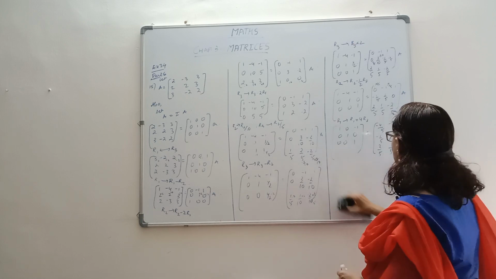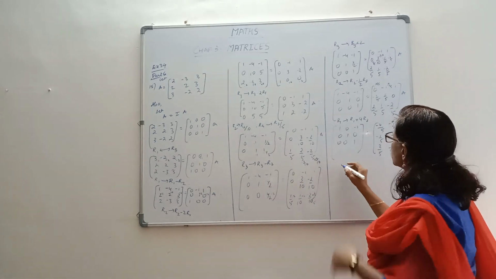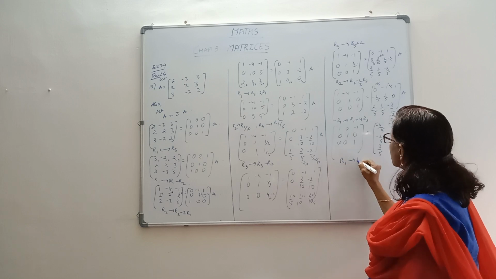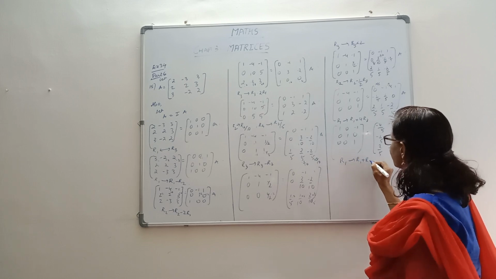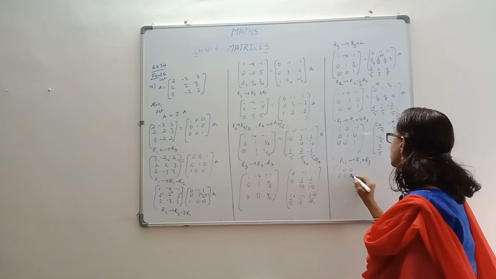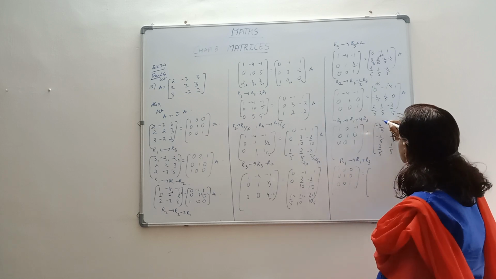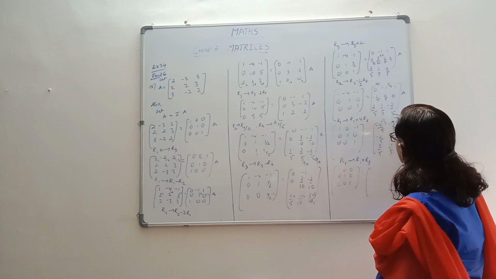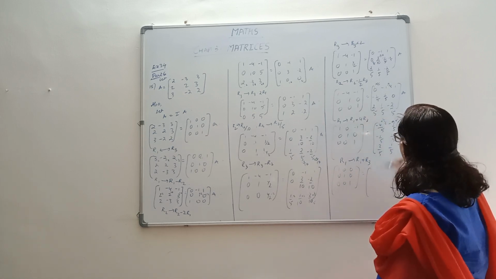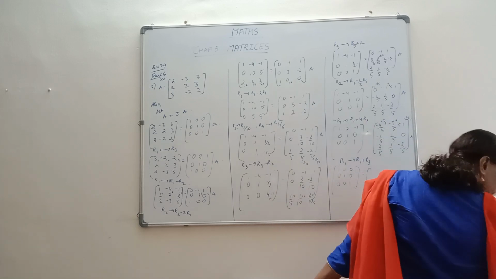Okay. So let's check. Now this has to become 0. So R1 will become R1 plus R3. If you do, it will become 0. So it is 1, 0, 0, 0, 1, 0, 0, 0, 1. So R1 plus R3. So it is plus 2 by 5 plus 1 by 5, minus 2 by 5. Wait a second.